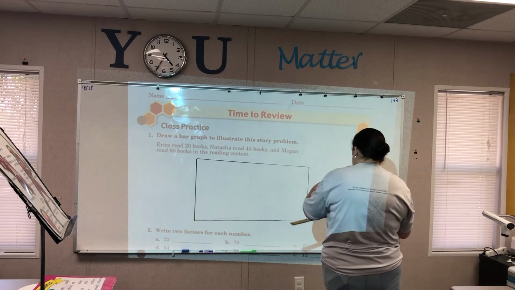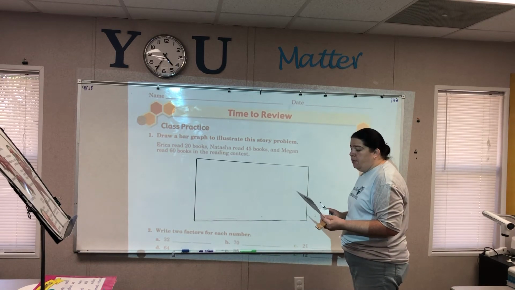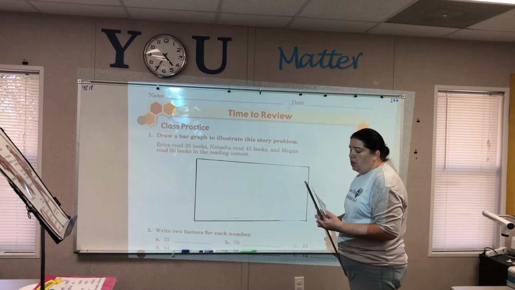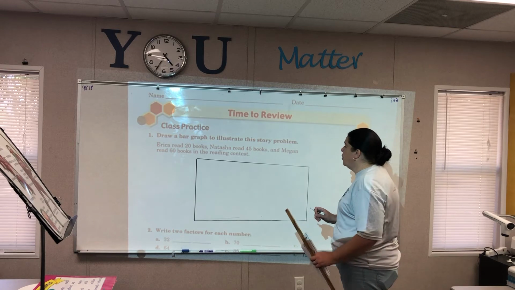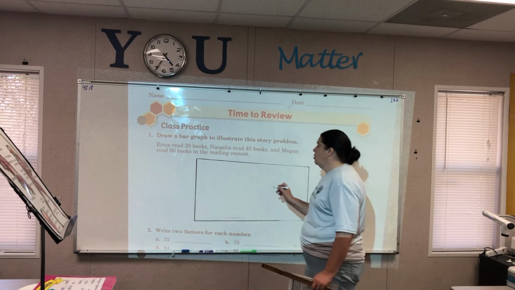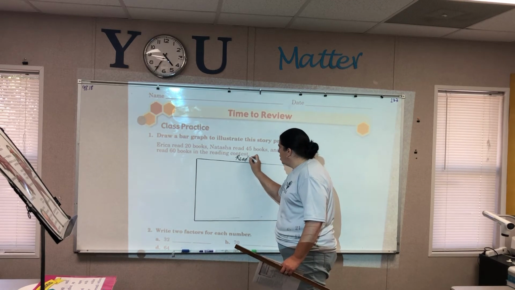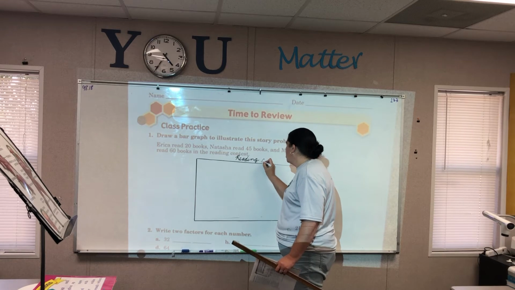It says, Erica read 20 books, Natasha read 45 books, Megan read 60 books in a reading contest. So the first thing you're gonna do is give it a title. What should our title be? How about reading contest?